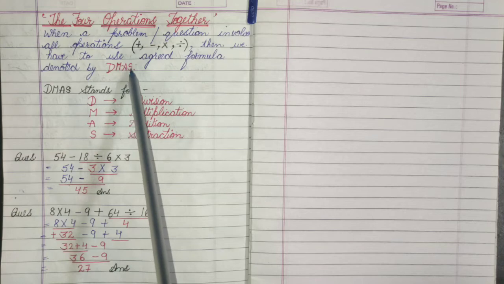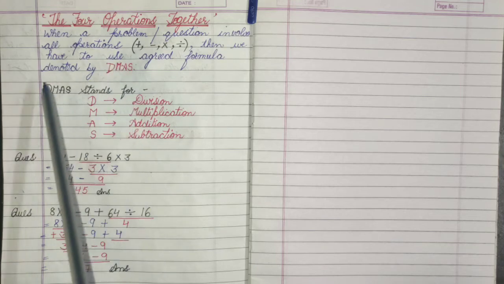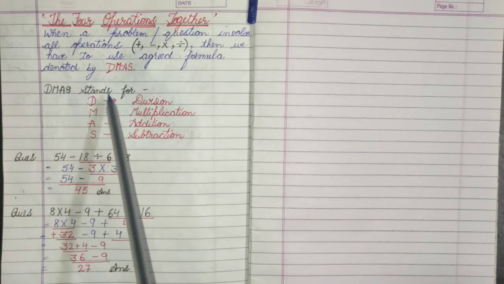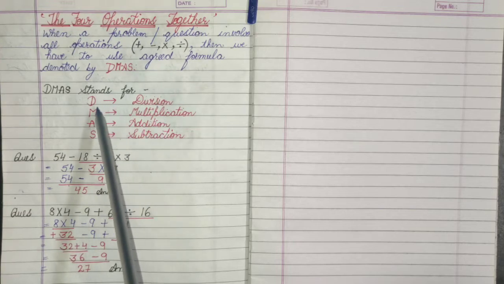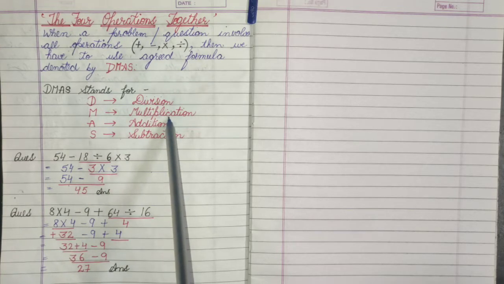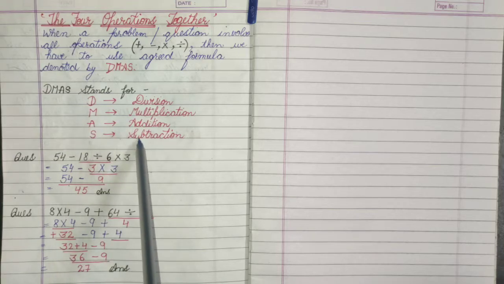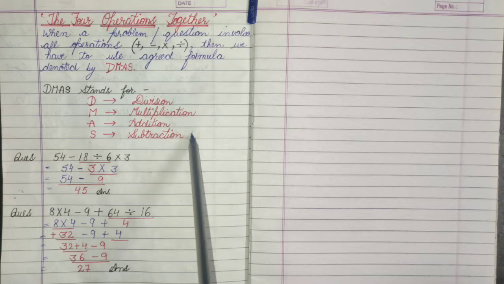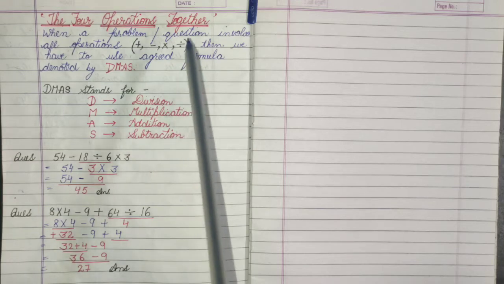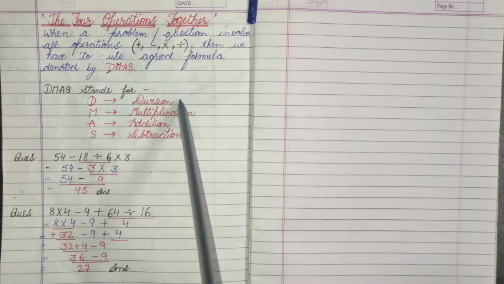Yes, let's understand this. Here in the DMAS, D stands for division, M stands for multiplication, A stands for addition and S stands for subtraction. Class, if any question is given in which we are having all these operations, we are required to first solve the division.